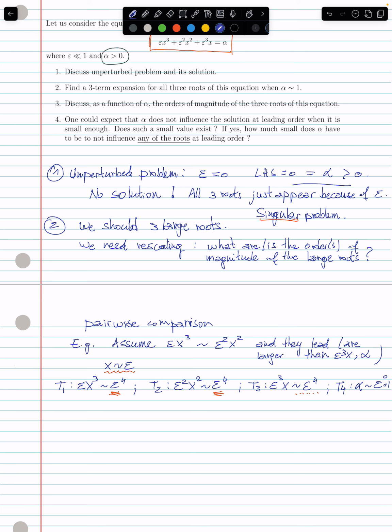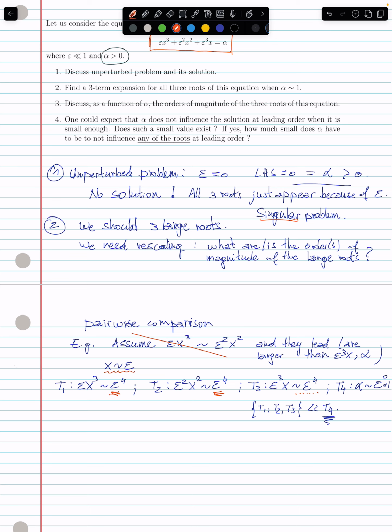And what we see is that T1, T2, T3 are much smaller than T4, which means that the leading term is not T1, T2, but the leading term is T4. So it means that the assumption that we made earlier is a wrong assumption. It means that the balance is obtained by balancing something different.